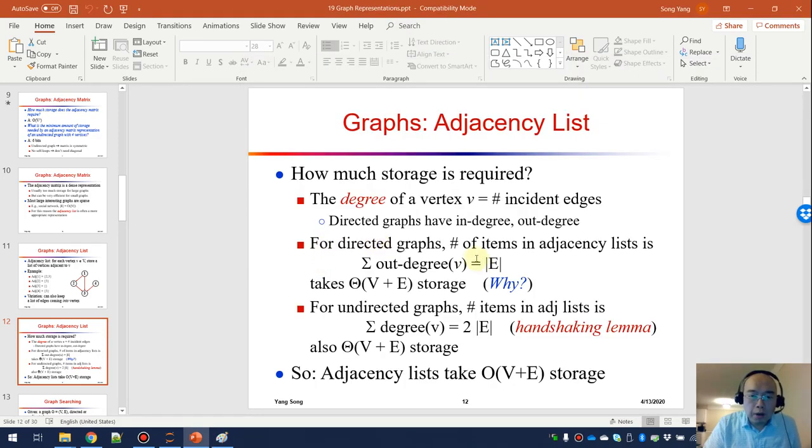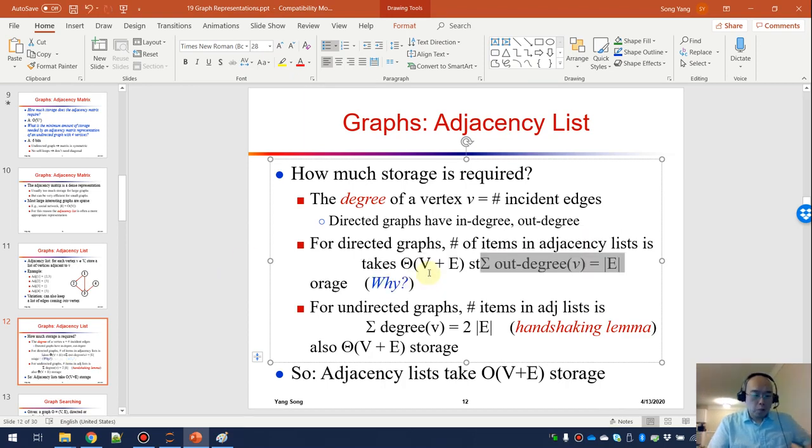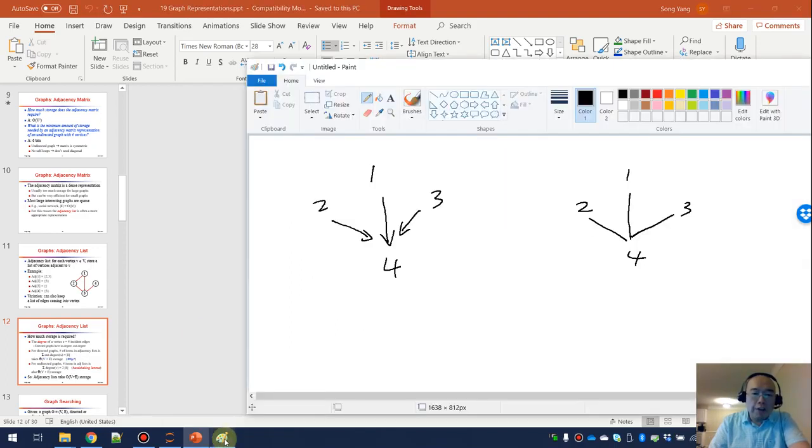So let's come back to this point. For a directed graph, the number of items in the adjacency list is the total of the out degrees, which is E. Why? In this case, how many edges are we recording? We are only recording 3 edges. So for ADJ1, we have a 4.